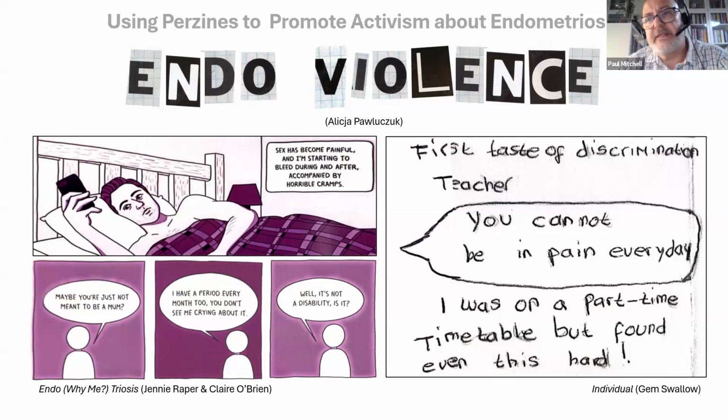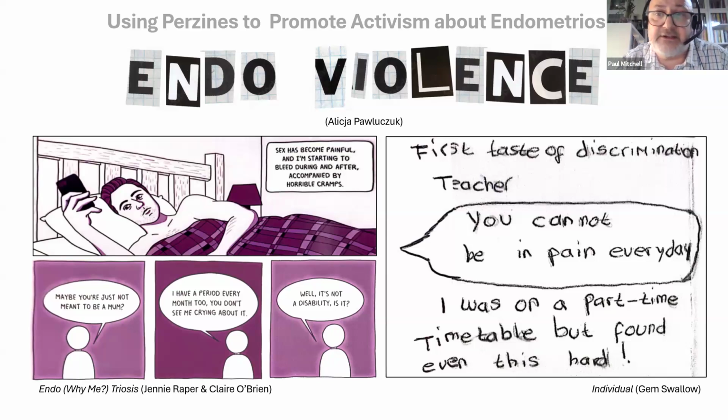So, for example, the perzine endometriosis recounts how pain during sex leads to the breakdown of Jeannie's relationship. And she documents how endoviolence arises from a lack of empathy through people's ignorance or unwillingness to acknowledge the particular nature of endo symptoms.